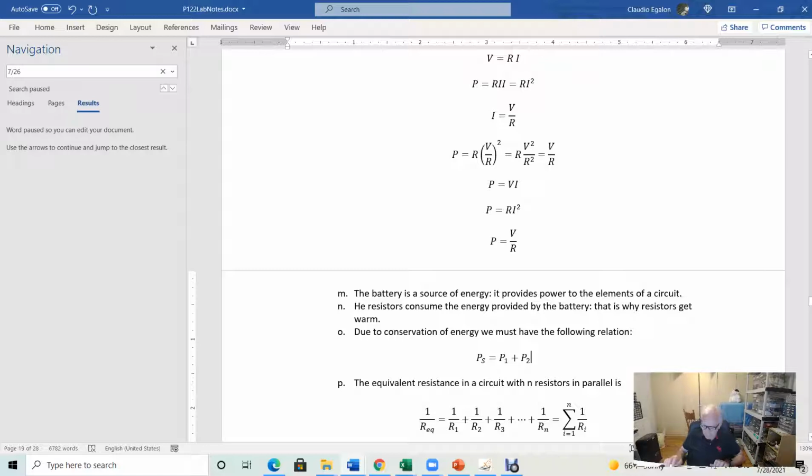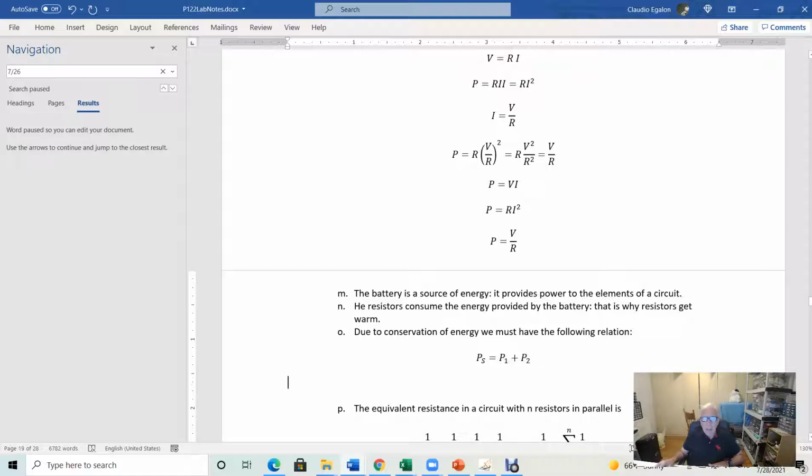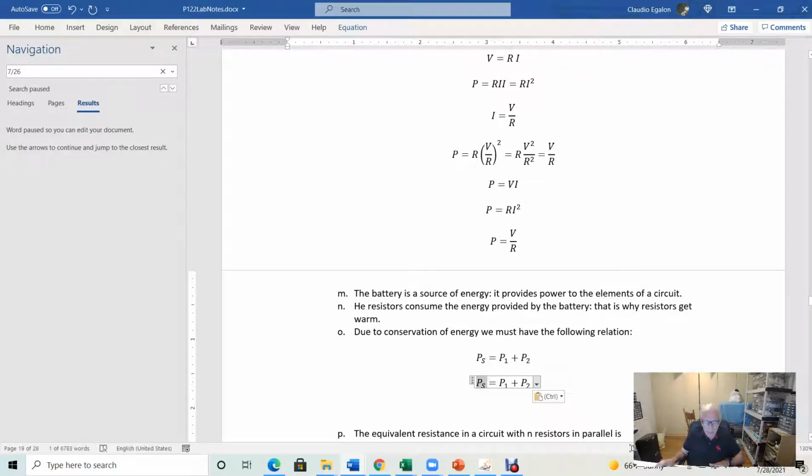So how do we prove that mathematically? The power in the source, or the battery, is given by VI.